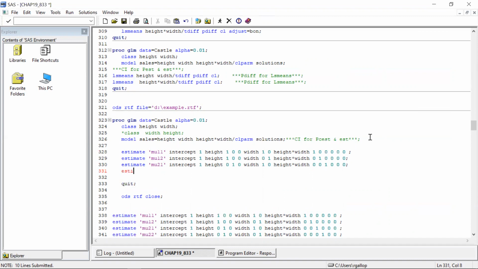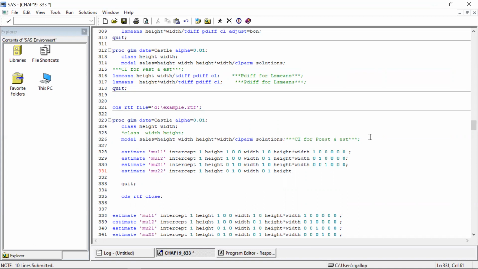So we'll do the same thing for the 2, 2 cell. Intercept. So we go 1. We go height, level 2. Width, level 2.